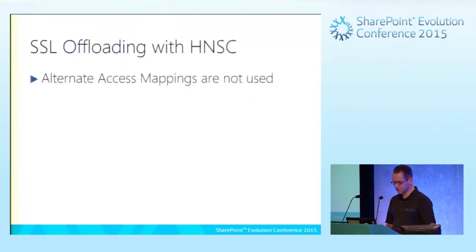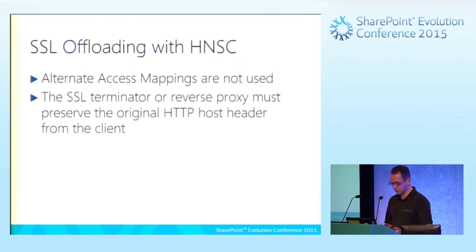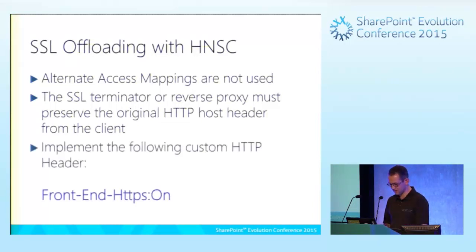With hostname site collections, alternate access mappings are not used, because every site has its own URL, and you cannot put them all in the alternate access mappings. It's just not how it works. So there are some specifics about publishing or offloading SSL with hostname site collections. I did another session on Monday that you might want to have a look at if you're interested in that, because I talk all the time about hostname site collections.